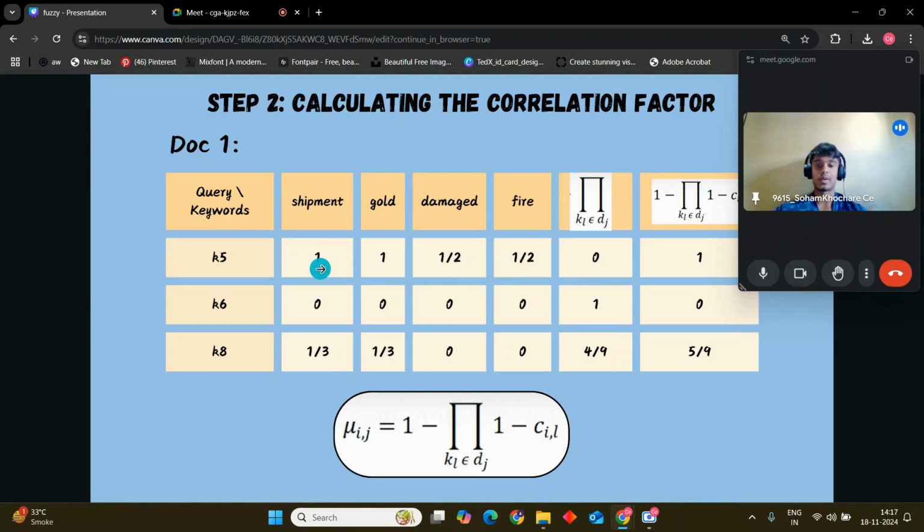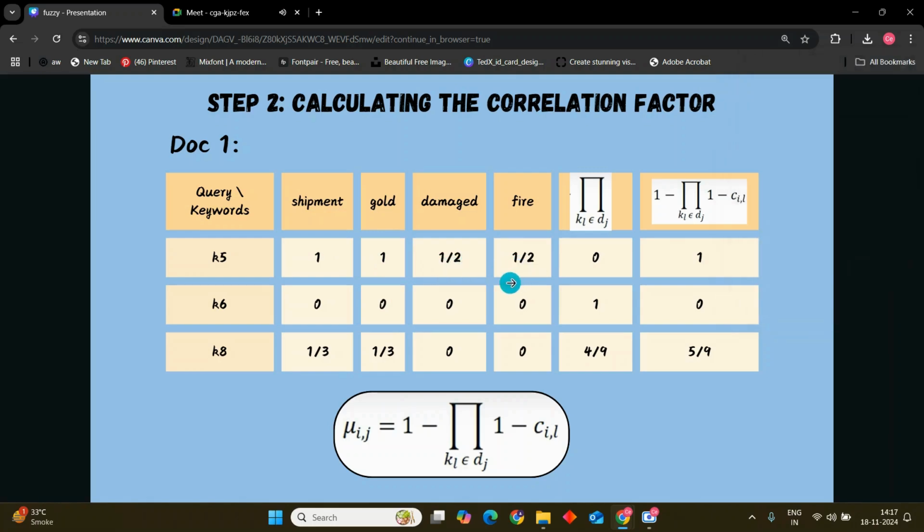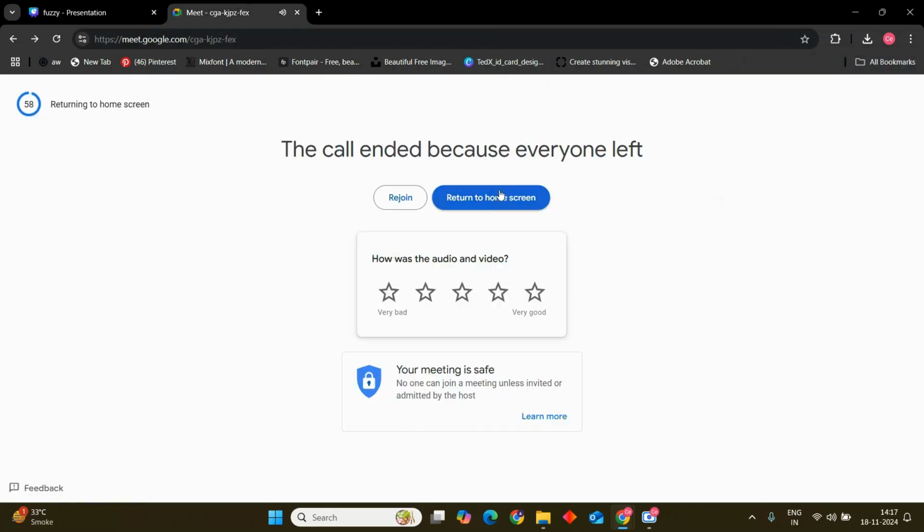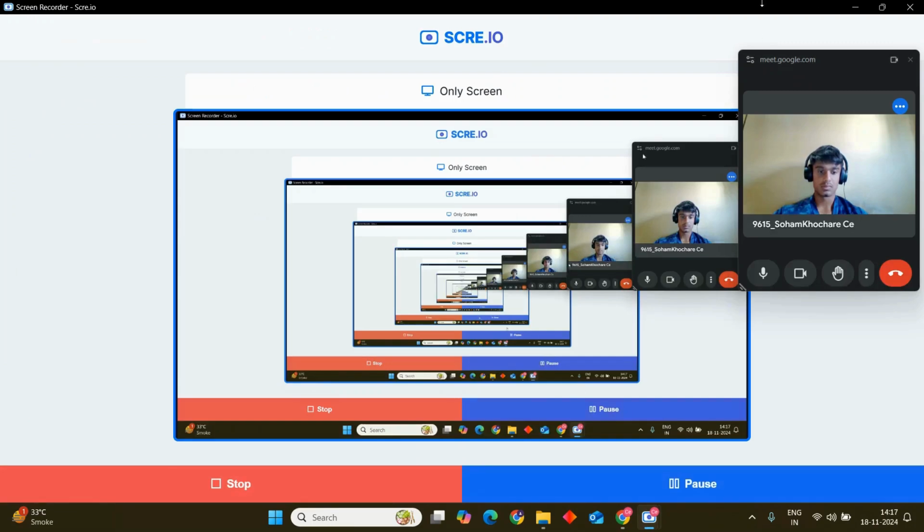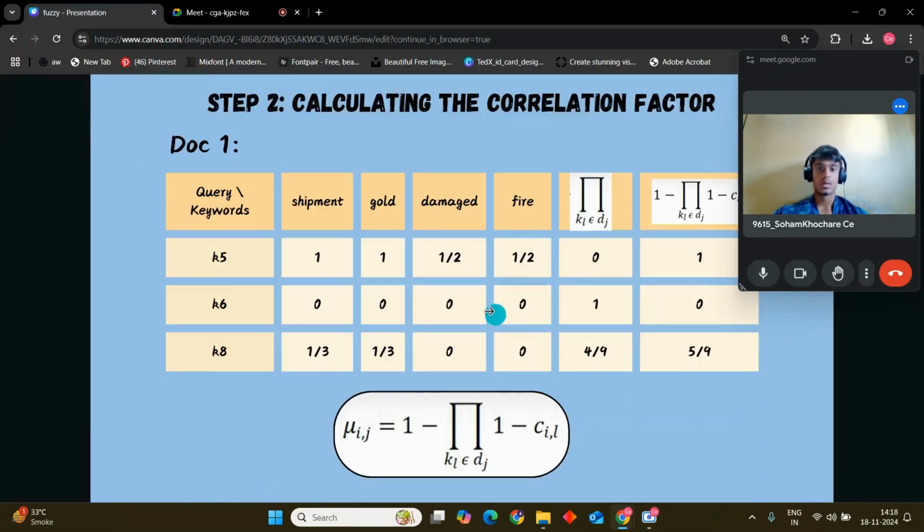So 1 minus 1 becomes 0, 1 minus 1 becomes 0, 1 minus half becomes half, 1 minus half becomes half. So multiplying the answers of all that, we get the answer 0.